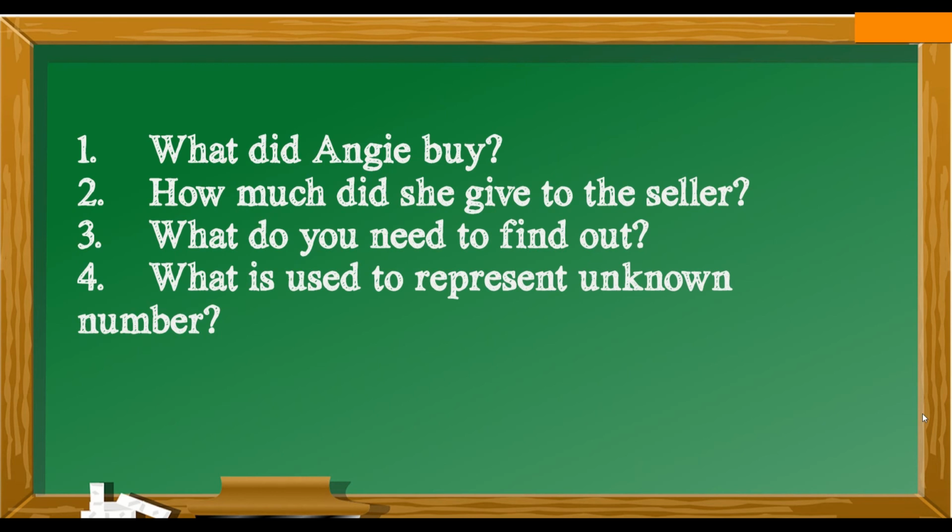What do you need to find out? We need to find out how much change did she receive. But first, we need to find what is the cost of the apples. Number 4, what is used to represent the unknown number?